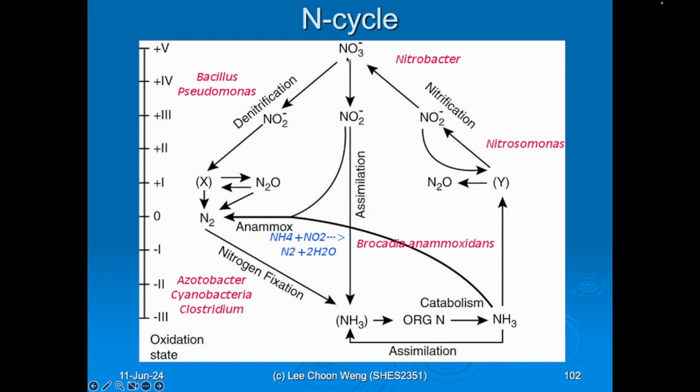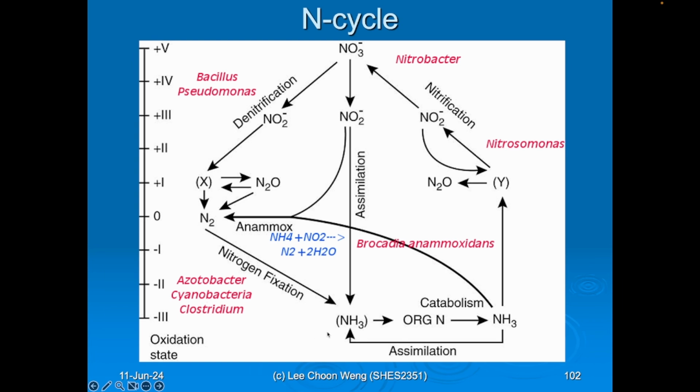When conditions are suitable, for example when the oxygen levels decrease, denitrification can occur, where nitrate is used as an electron acceptor by bacteria such as Bacillus and Pseudomonas. And for atmospheric nitrogen gas, nitrogen fixation can be carried out by free living bacteria, for example Azotobacter, Cyanobacteria, and also Clostridium.